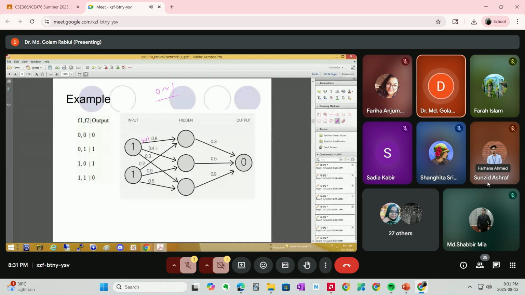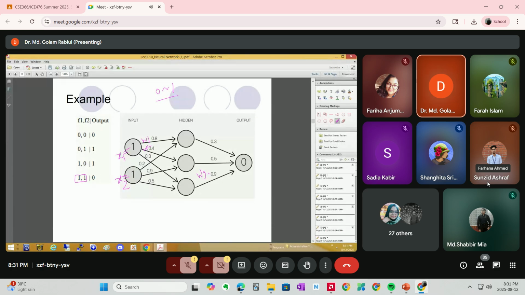The value of W1 is 0.8, W2 is 0.4, and in this way W9 equals 0.9. And also considering the input is 1 and 1, so x1 is 1 and x2 is also 1.